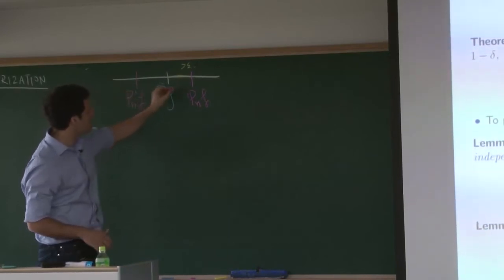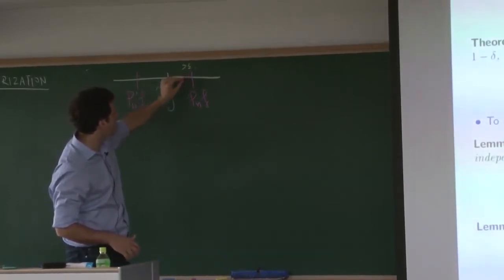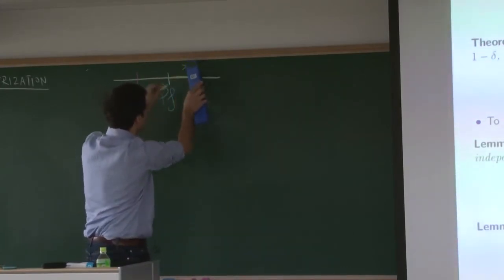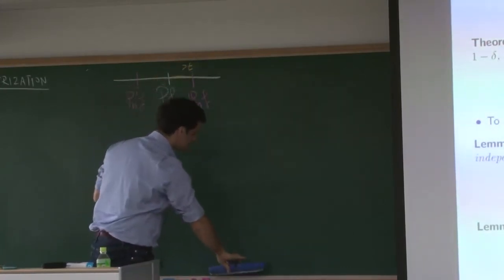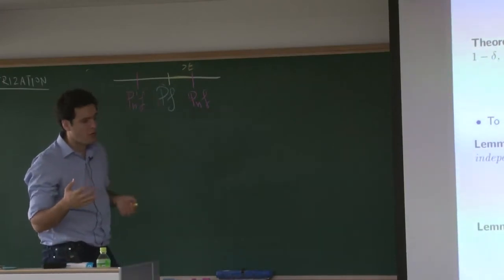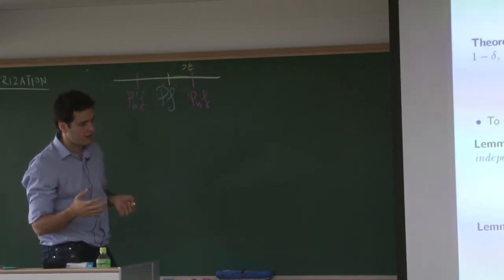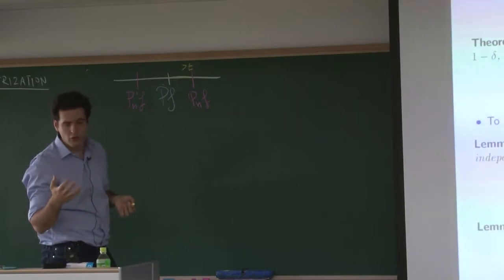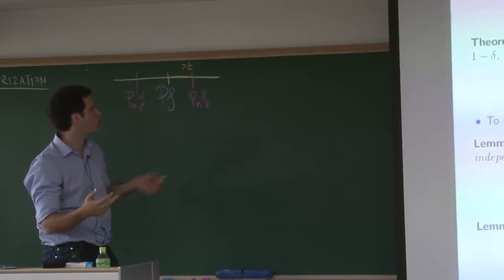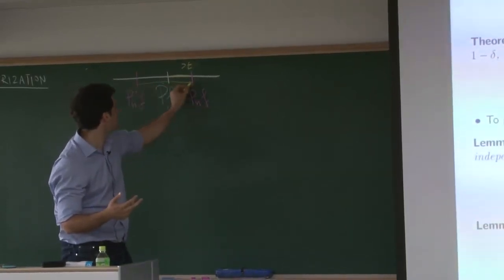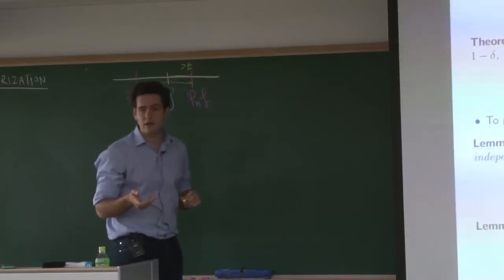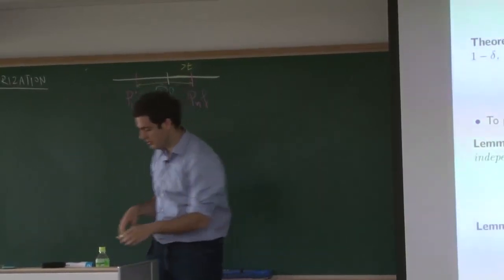And I'm going to say that the probability that this here is bigger than t, the supremum over all possible f of this being bigger than t, is itself bounded by twice the probability that the supremum of the difference between those two is bigger than t divided by 2. So let me just prove this.